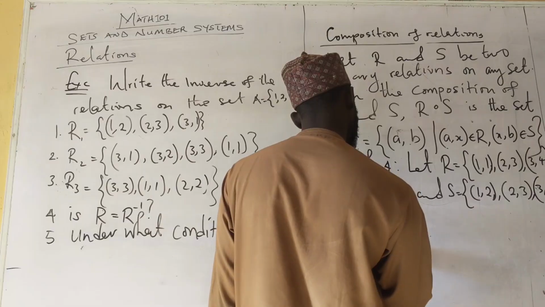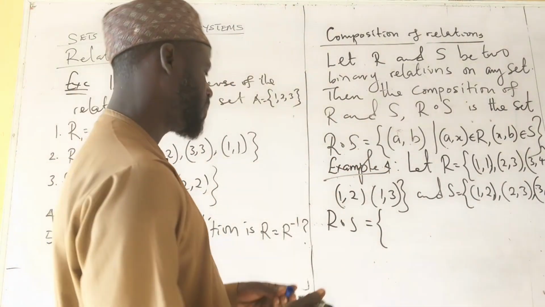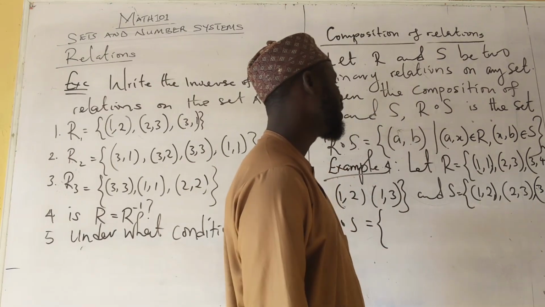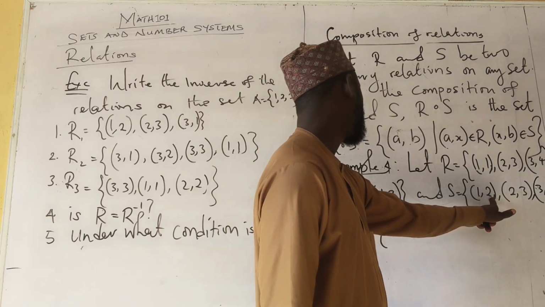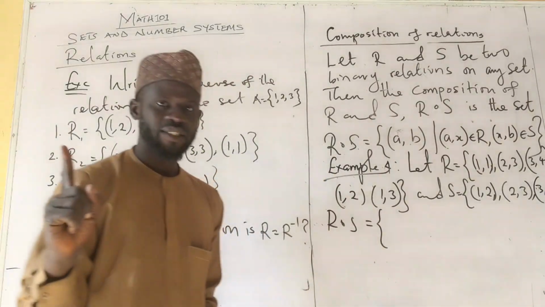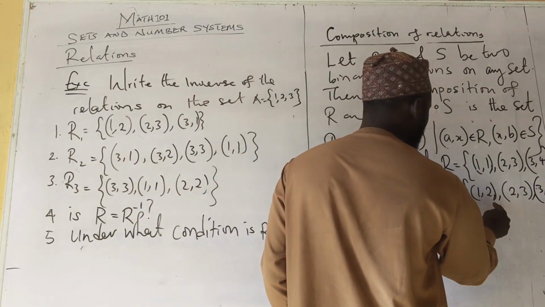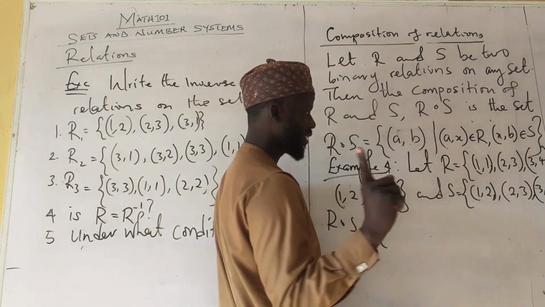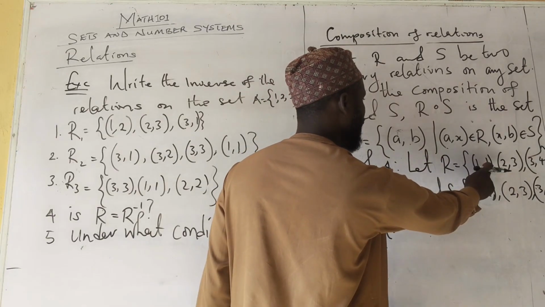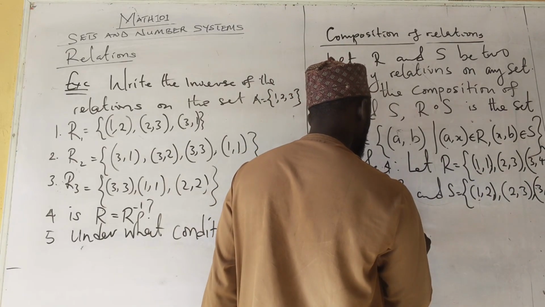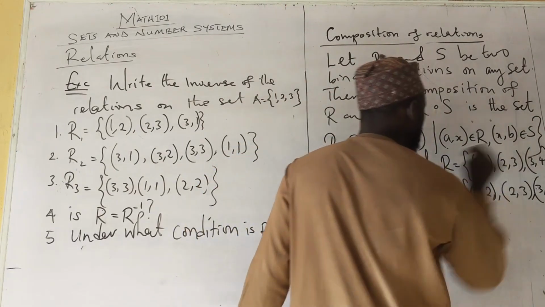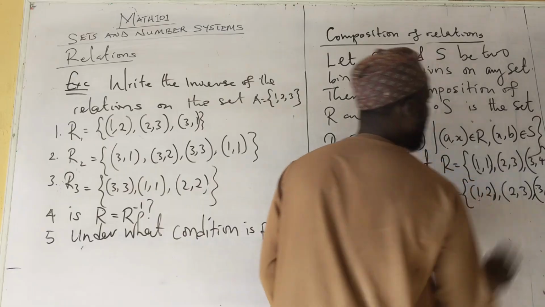So R composition S is the set of all ordered pairs. 1 is related to 1 in the first set, and 1 is related to 2 in the second set. So we write 1 related to 1, and 1 is related to 2. So 1 is related to 2 directly. 2 is related to 3, 3 is related to 4.